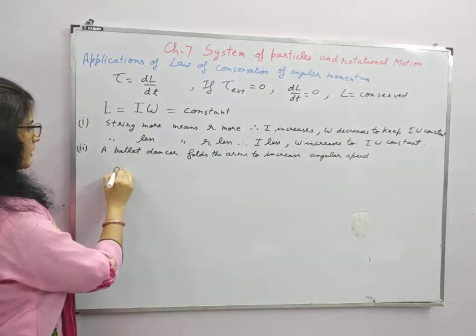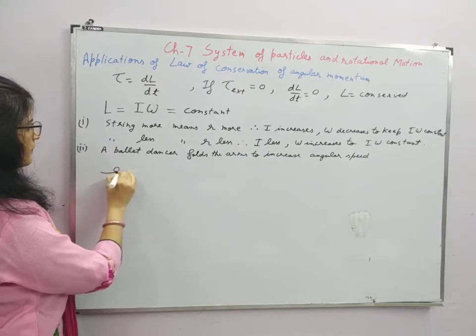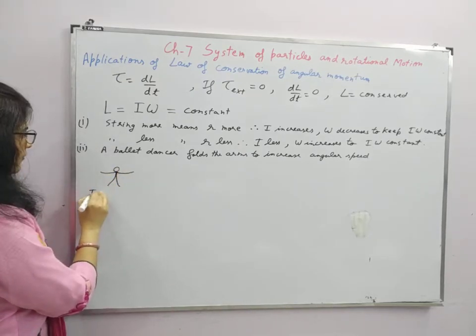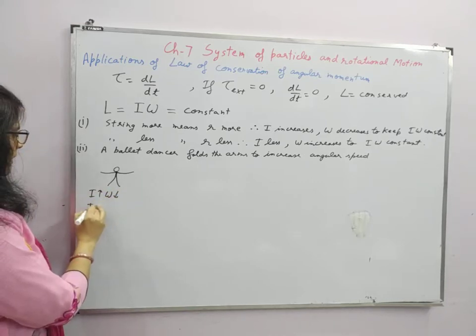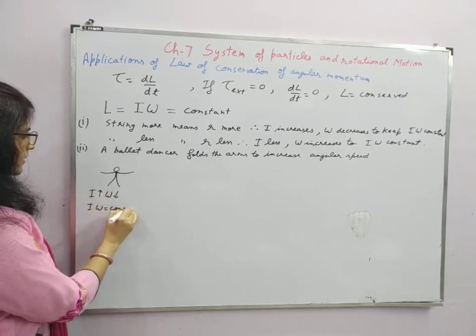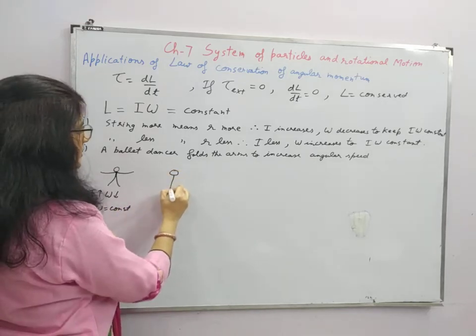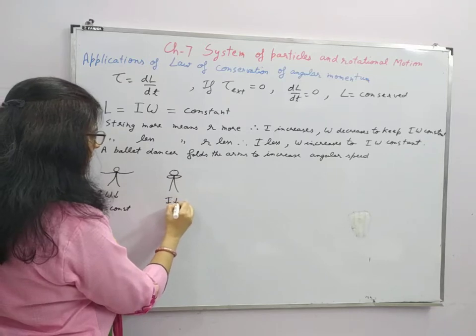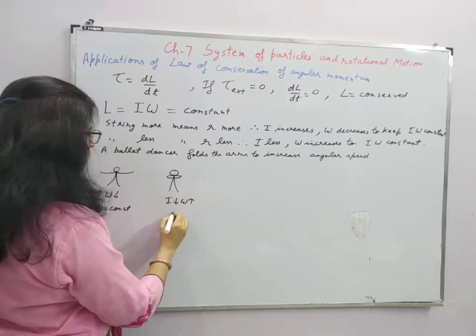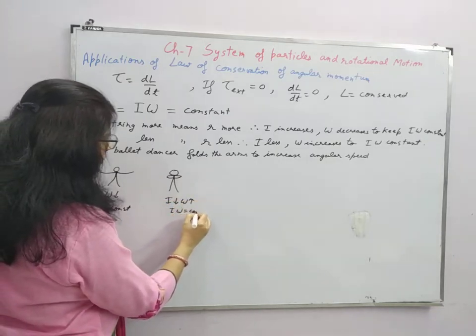If the arms are spread out, I will be more and omega will be less, because I omega is constant. If the arms are folded, I is less, so omega is more, since I omega is constant.